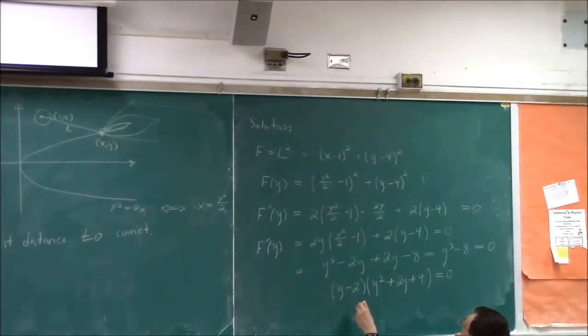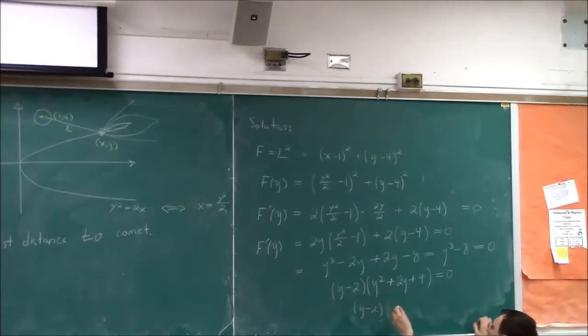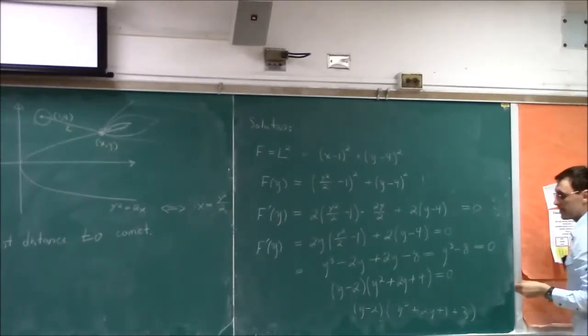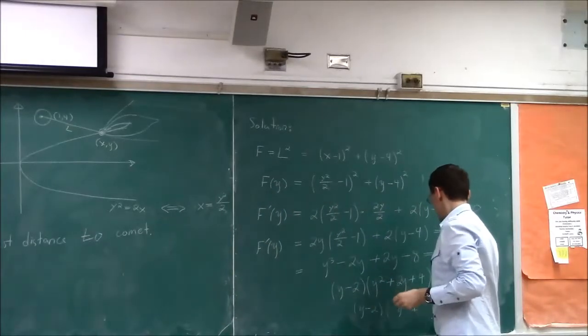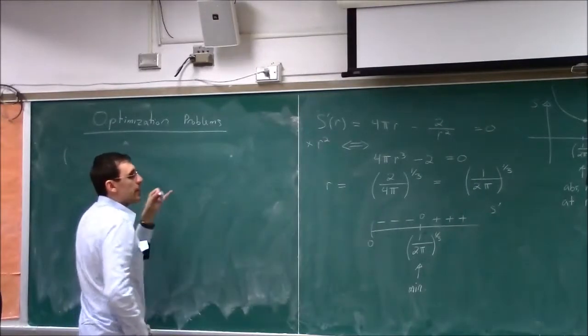How should I say that? Here, if you want to, you can write y minus 2. And what you see here in parentheses, this is the same as y squared plus 2y plus 1 plus 3. Right? Let me write it elsewhere where you can see it. But whatever remains is going to be an irreducible quadratic.